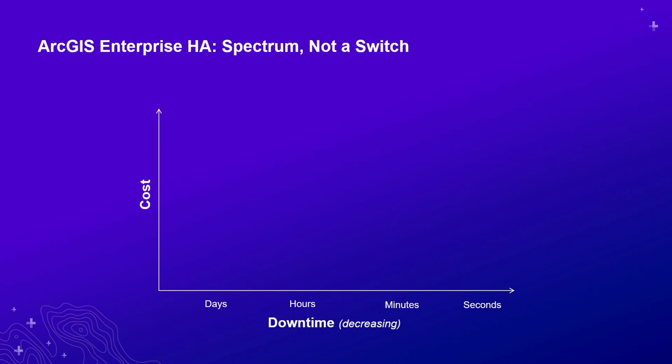And it's important to note that being highly available is not a switch. It's not that you're highly available or not. It's a spectrum. So make sure that you're taking a look at all the components that are available within your deployment and understanding what's involved in making those components highly available.